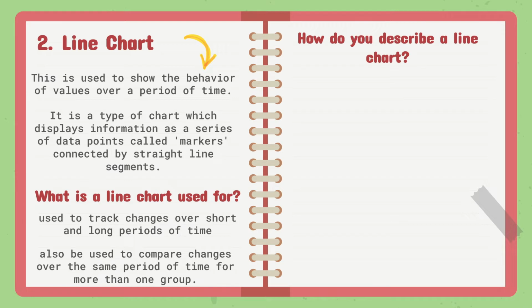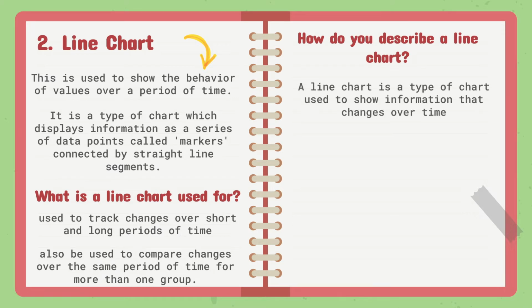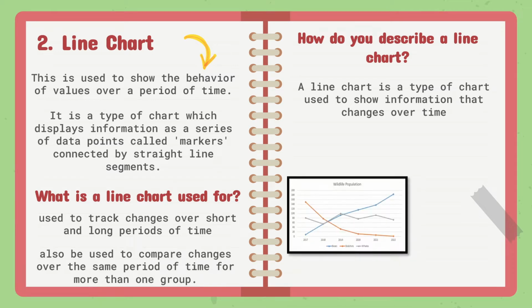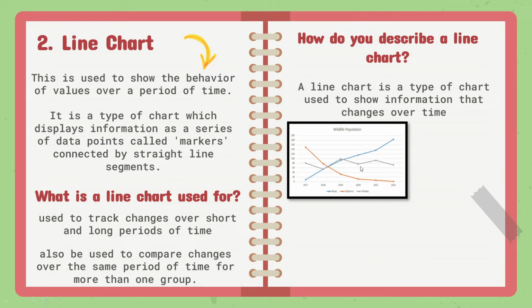How do you describe a line chart? It is a type of chart that is used to show information that changes over time. Like for example here, this is what we call the markers, and they are connected by straight line segments.